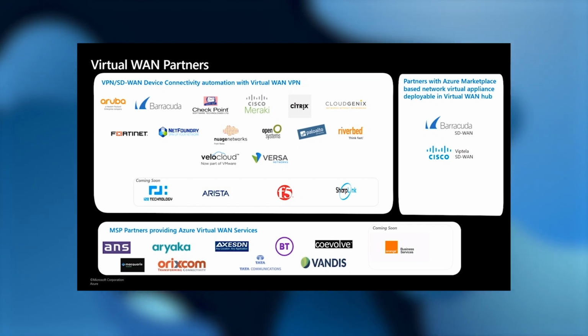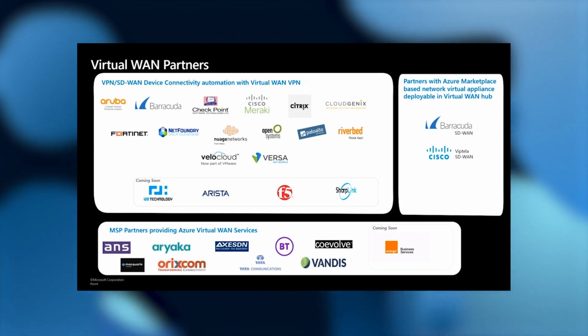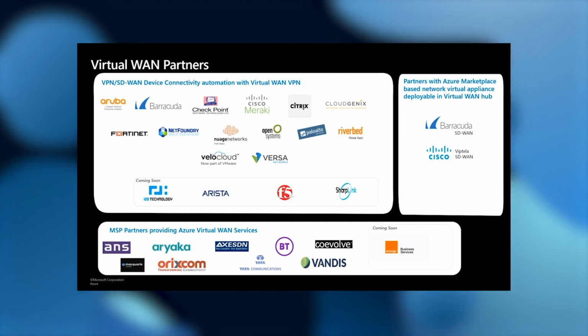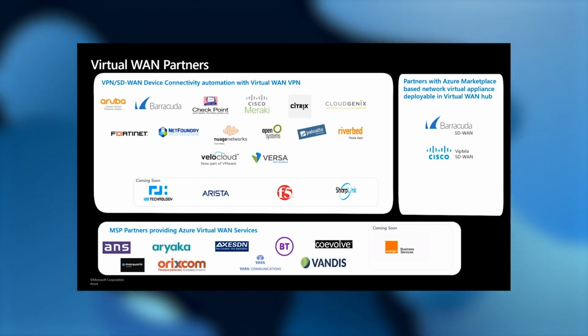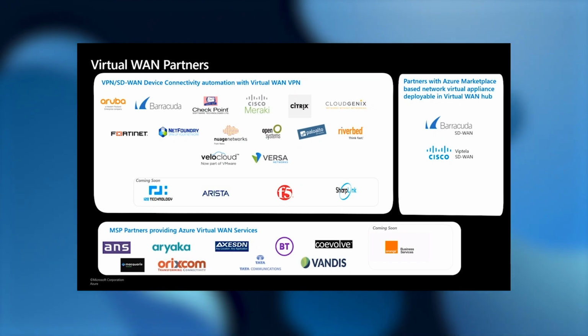And also partners, the recent addition, which is basically the ability to provide a network virtual appliance and deploy them inside the hub. A recent addition is Barracuda, and we are very pleased to add Cisco to the mix. The 2 other partners that I want to call out are Aruba and Open Systems that we have also added to the VPN SD-WAN device automation on the left-hand side. And on the right-hand side, Cisco is the latest addition for which we will have a demo coming up shortly.